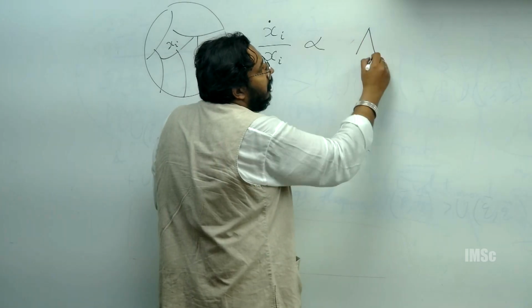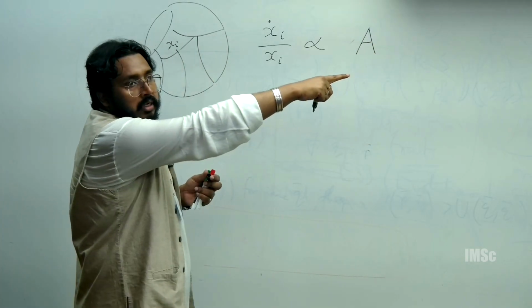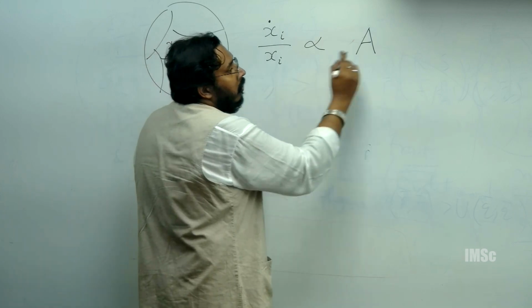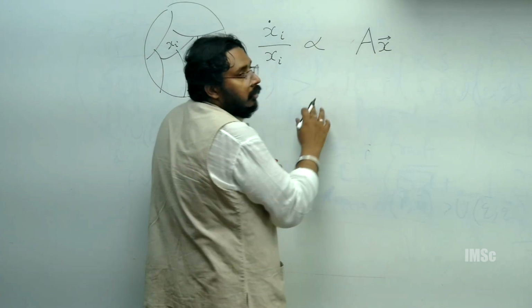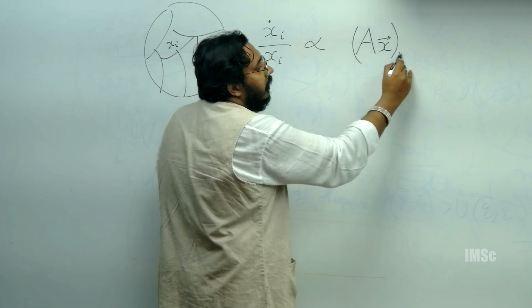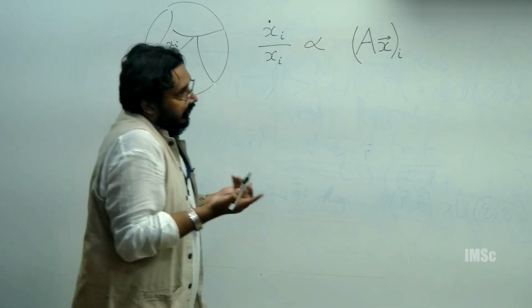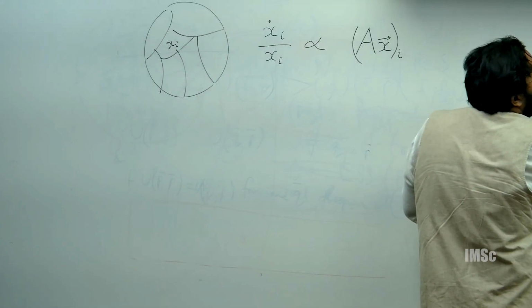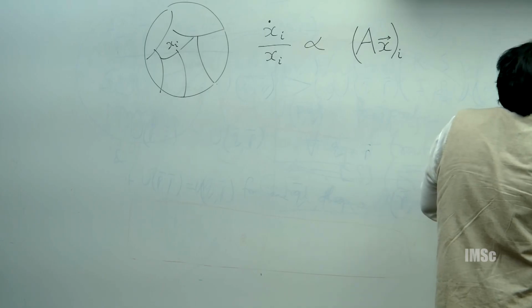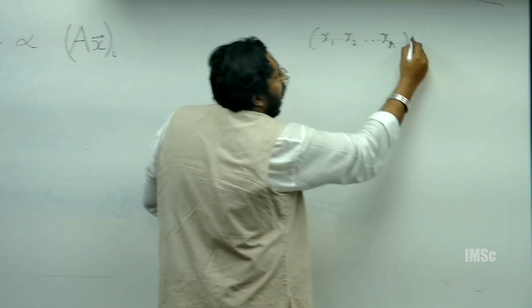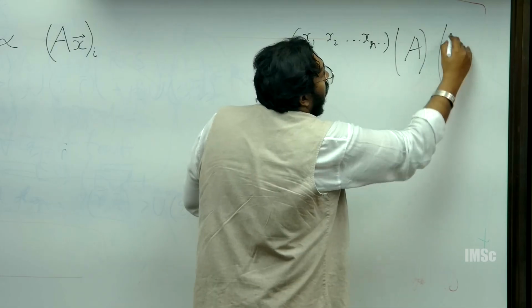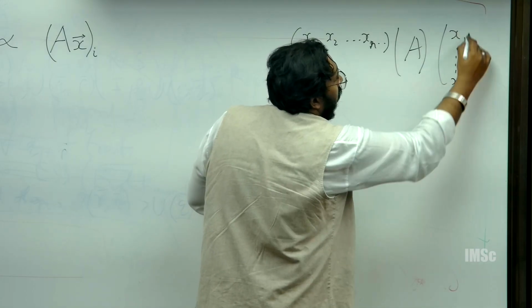So, if the matrix is A, just like the one we have written there, then you have the x vector, x1, x2, x3 dot dot dot xn, and you take its ith component.